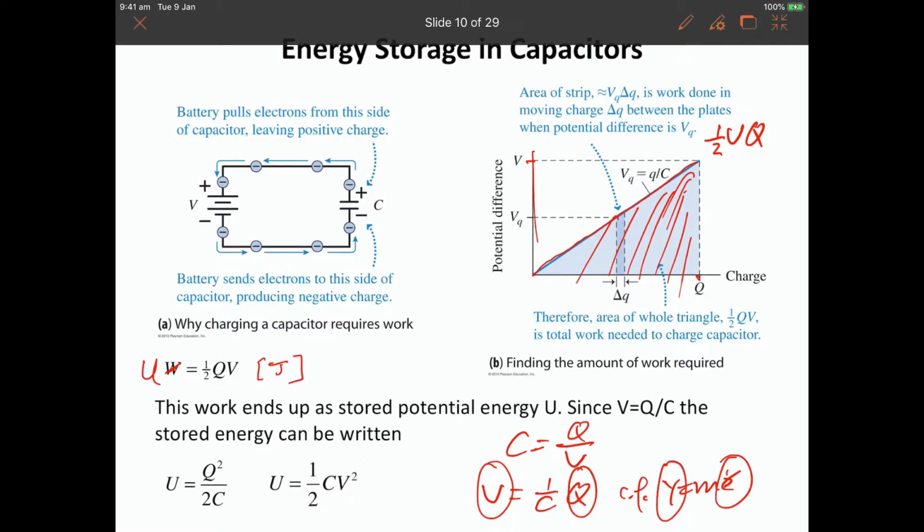However, you know C is also, by definition, equal to Q over V. So Q is CV. You can substitute Q by CV and become this expression. And you can substitute V by Q over C and become this expression. So the three expressions, this one, this one, and this one, they're equivalent.